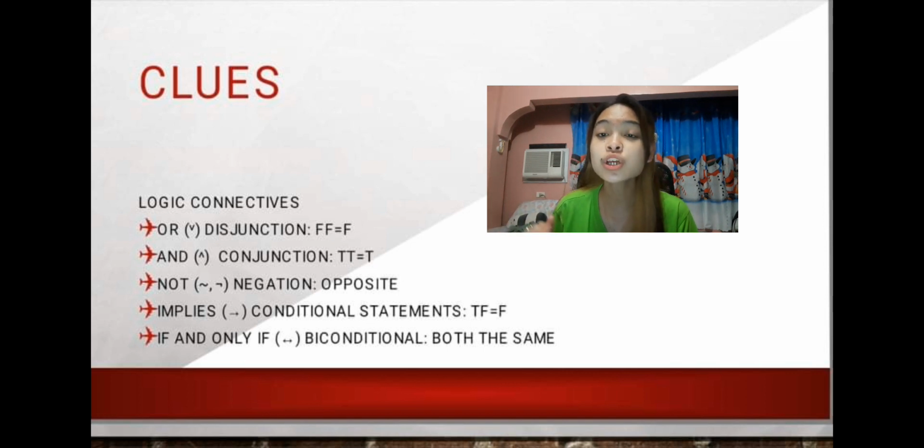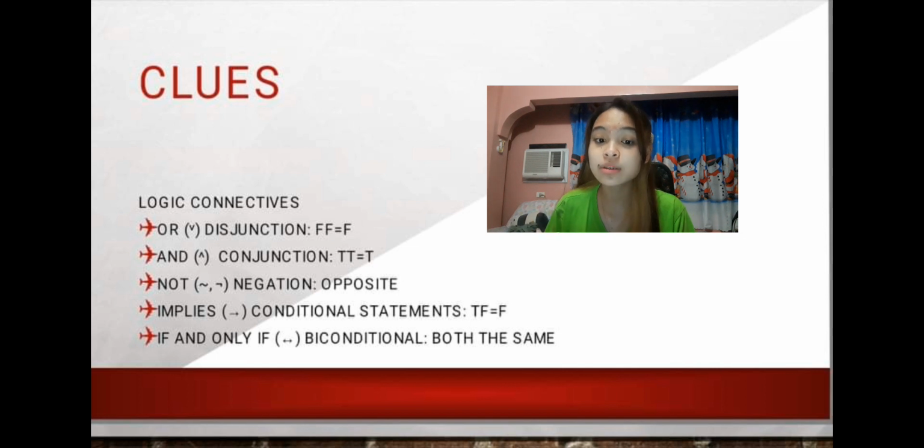For conjunction, if both are TT, it is true, and the rest are false. Then for not, or the negation, it is just the opposite of P, Q, R.